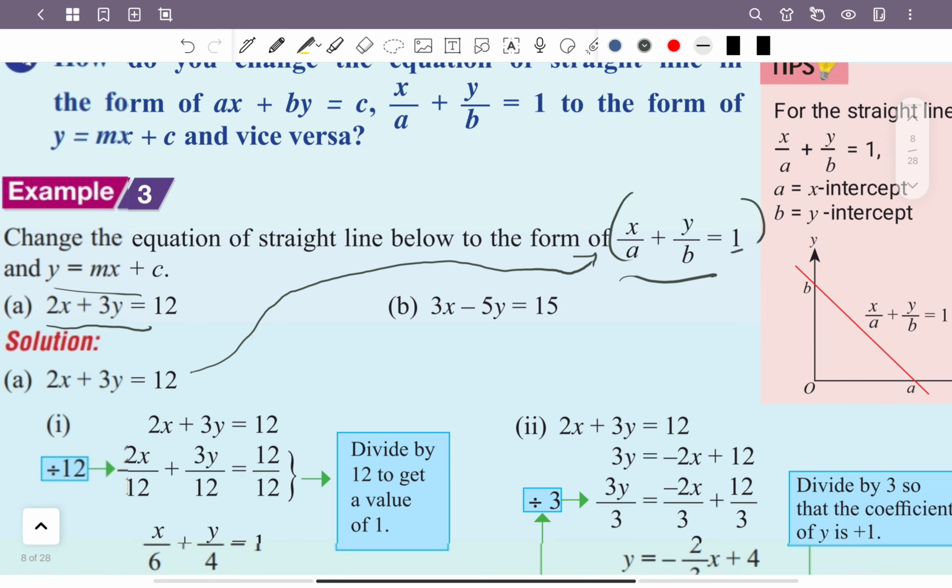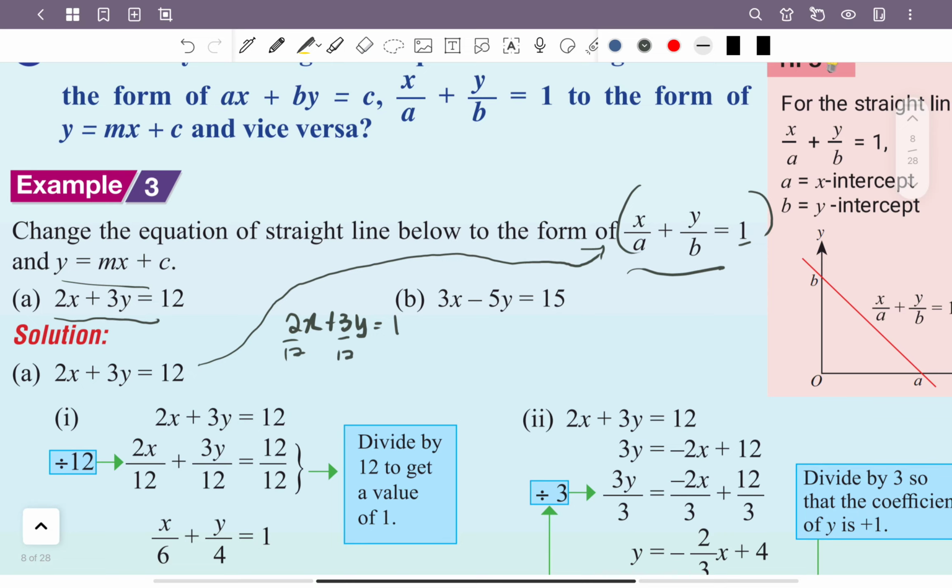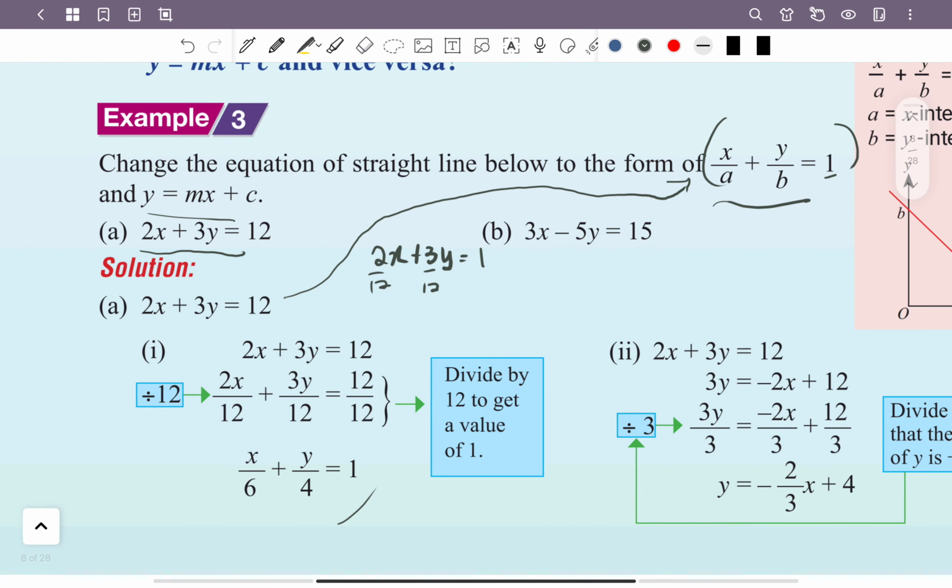If we look at this equation, how do you change 12 into 1? You minus 12, minus 11? Wrong. For this, you need to divide. So 12 divided by 12 also equals 1. Whatever you do to this side you also do to the other. Now you simplify the answer and then you will get this.